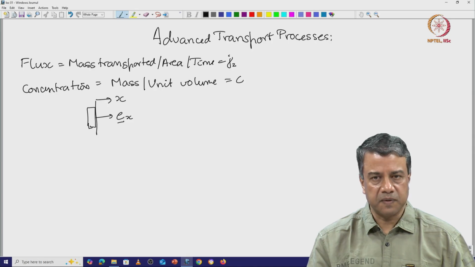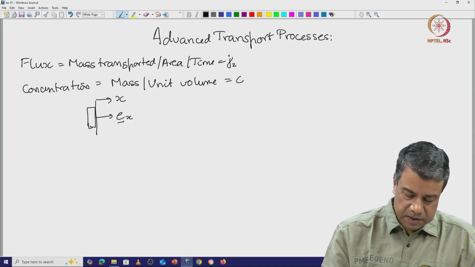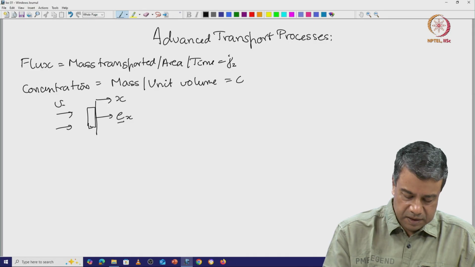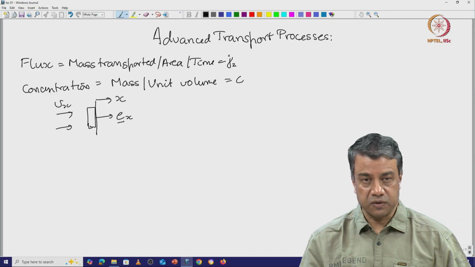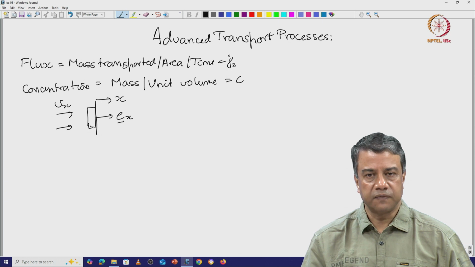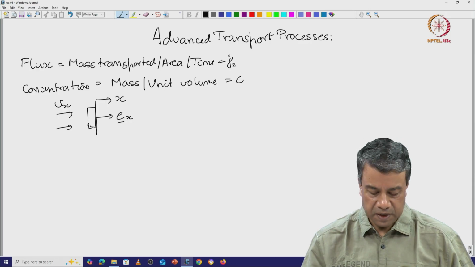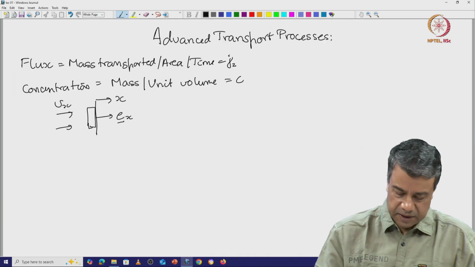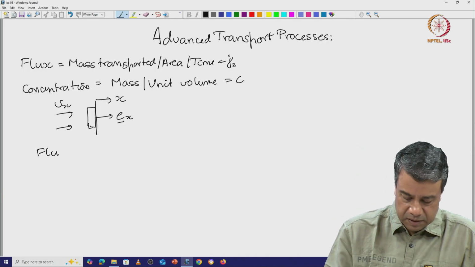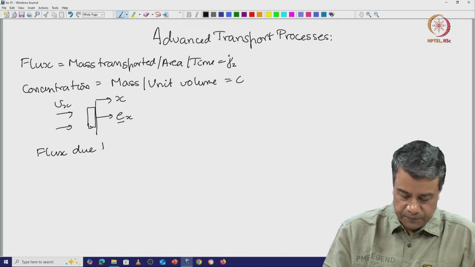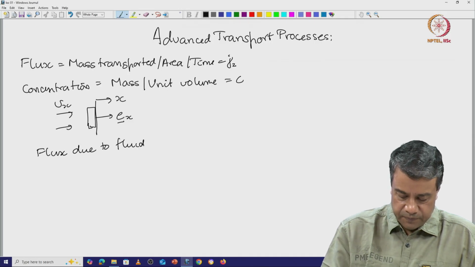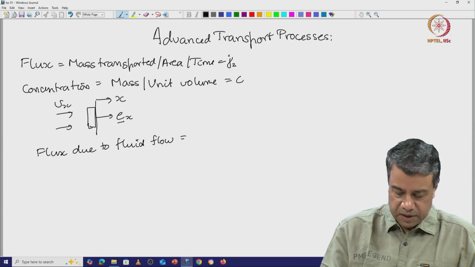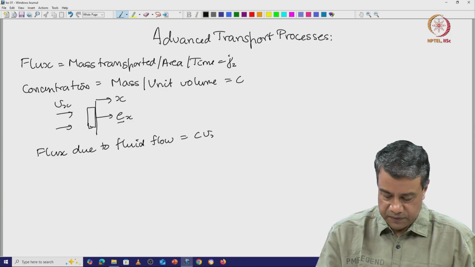There is a transport of mass in the x direction, both because there is a fluid velocity in the x direction as well as because of diffusion. In the first transport phenomena course, we had seen that the mass transported per unit area per unit time due to fluid flow, that is the flux due to fluid flow, is equal to the concentration times Vx.